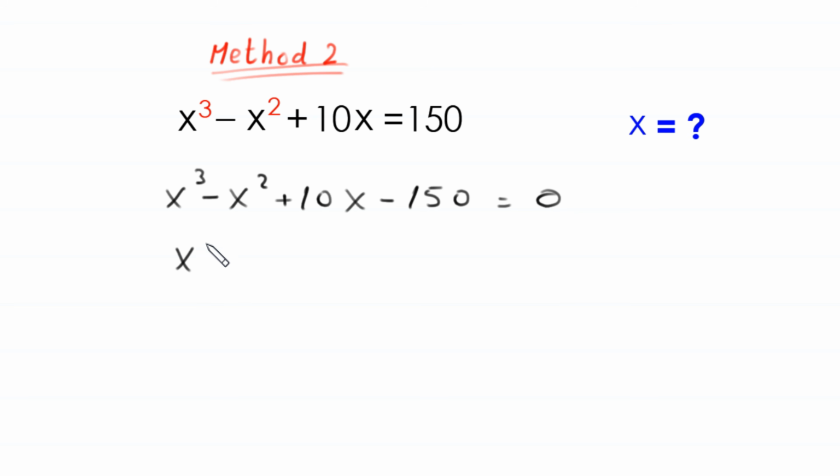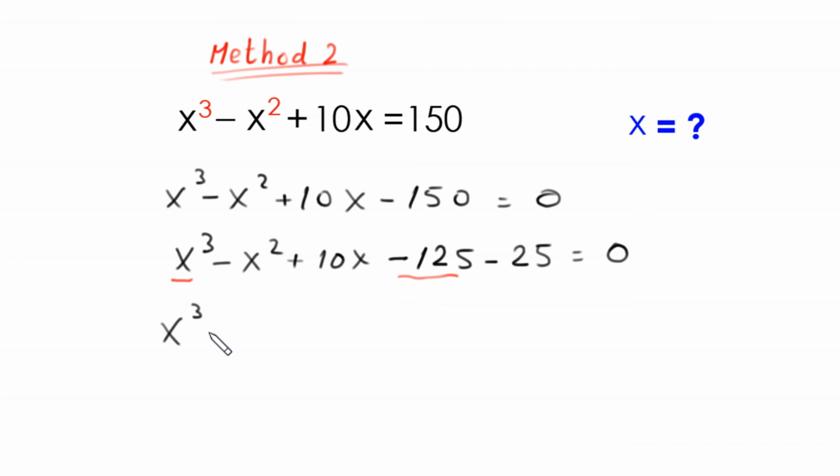Next, x cubed minus x squared plus 10 times x, negative 150 can be written as negative 125 minus 25 equal to 0. We group these two terms, x cubed and negative 125. This will become x cubed minus 125 minus this x squared plus 10 times x.